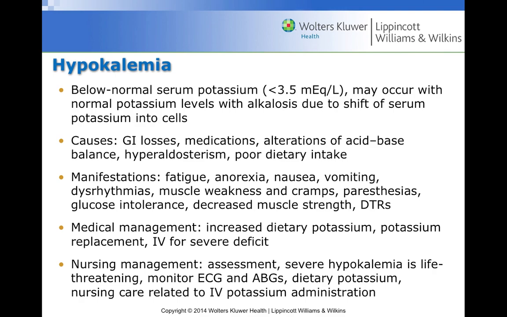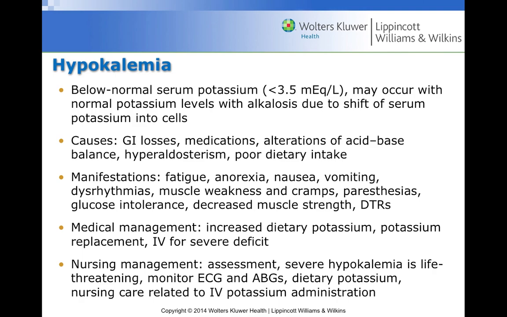Dietary intake of potassium in the average adult is about 50 to 100 milliequivalents per day. Some foods that are high in potassium content include most fruits, in particular oranges, melons, and bananas, vegetables, legumes, whole grains, milk, and meat.